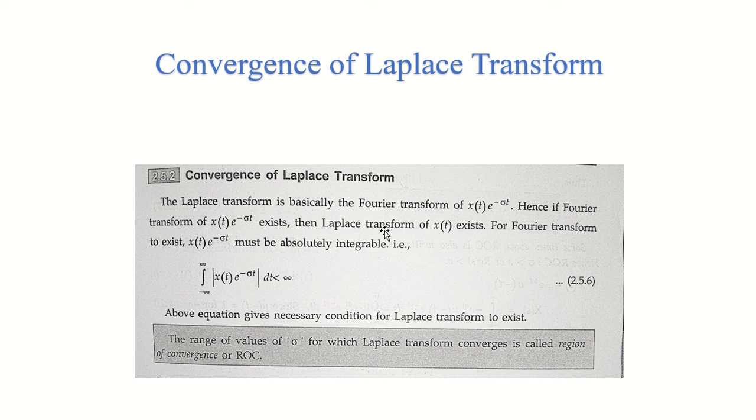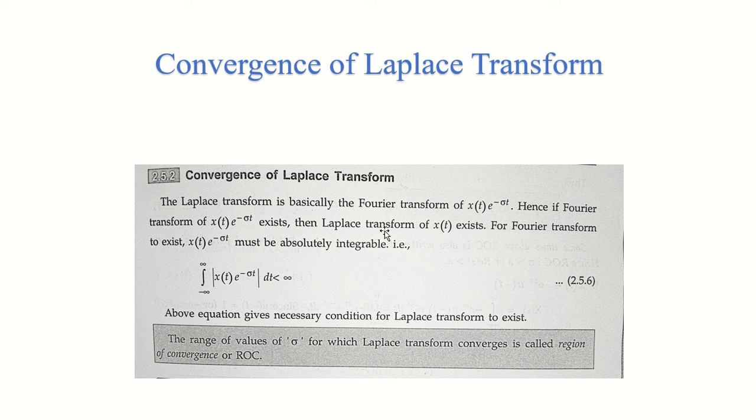Remember what the condition was for a Fourier transform to exist? Your signal must be absolutely integrable, which means it should be a BIBO signal, bounded input bounded output. Though it is not an absolute necessity, your signal should be absolutely integrable.